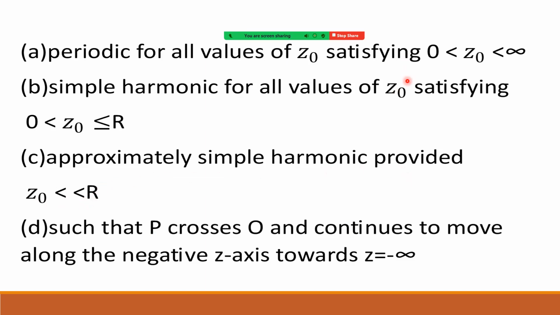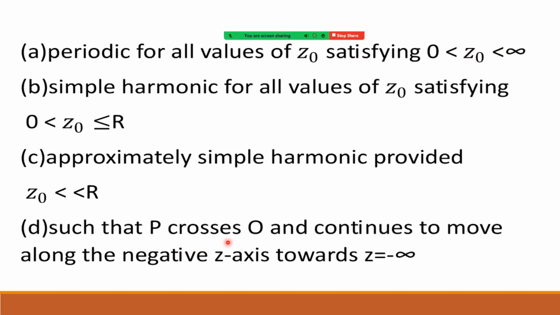So A and B are not correct. Wait, actually option A is also possible, because they're asking periodic for all values of z naught satisfying greater than 0 and less than infinity. Using energy conservation, it will be periodic, but not simple harmonic.